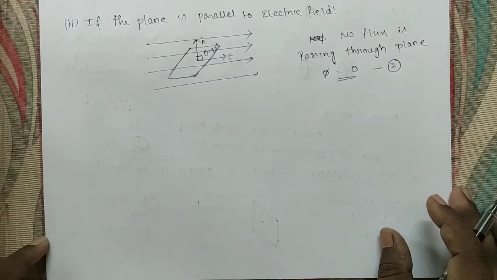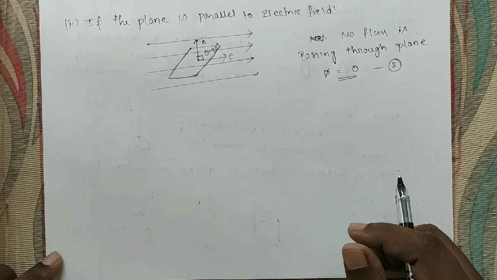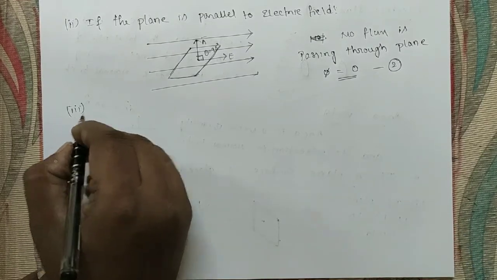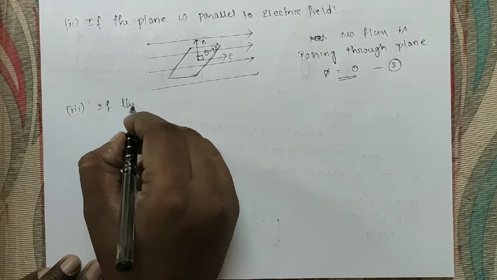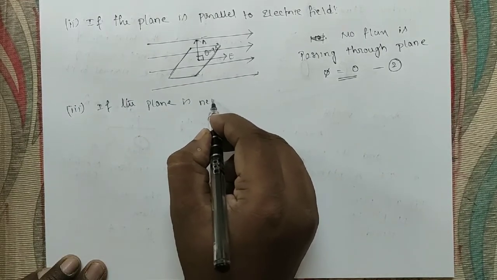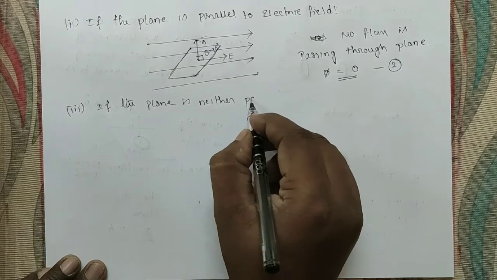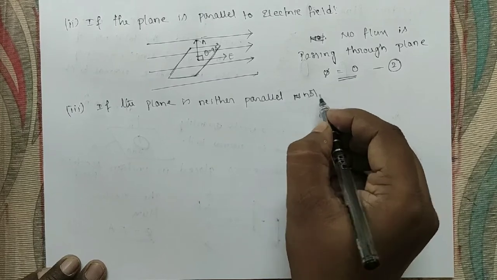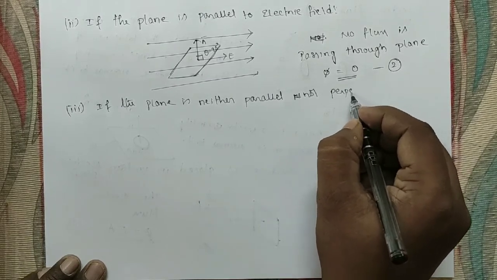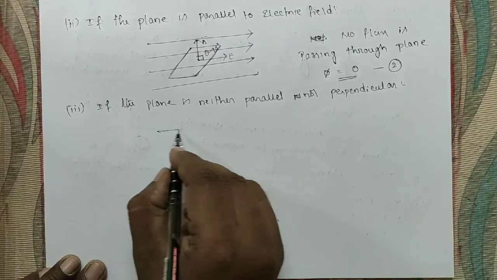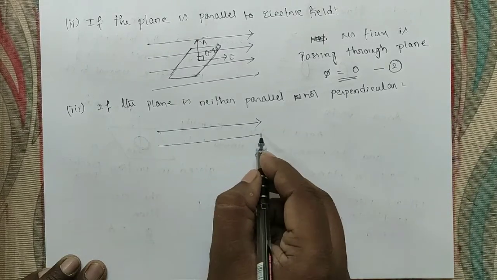But if the plane is neither parallel nor perpendicular, then the electric field lines are passing like this.